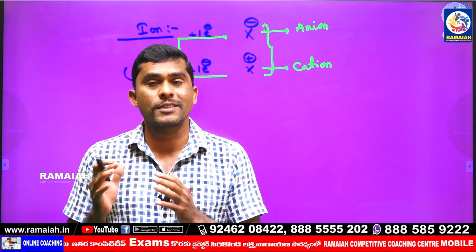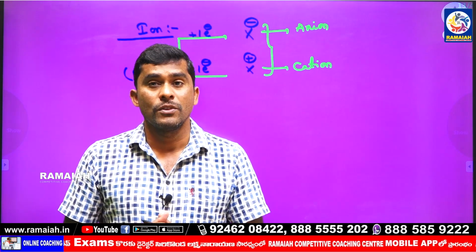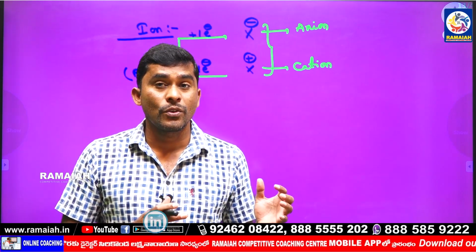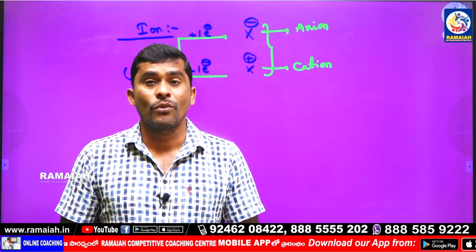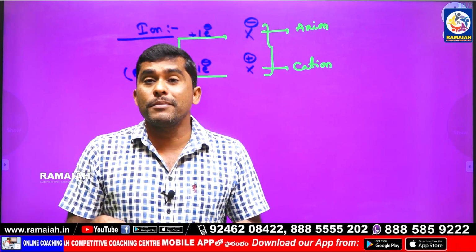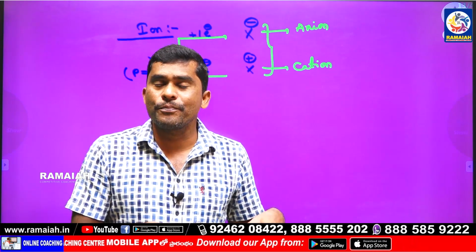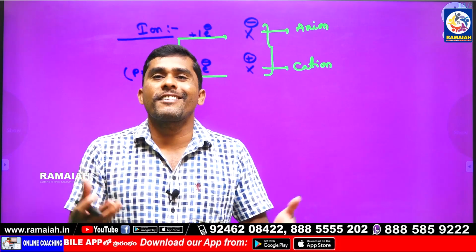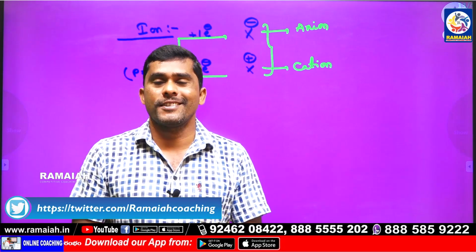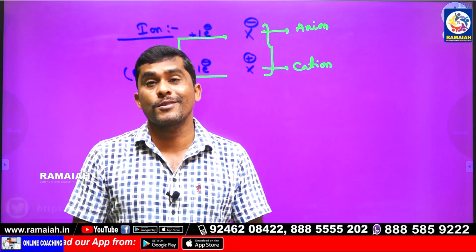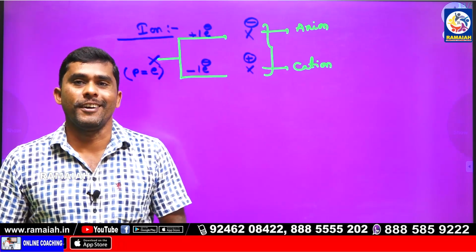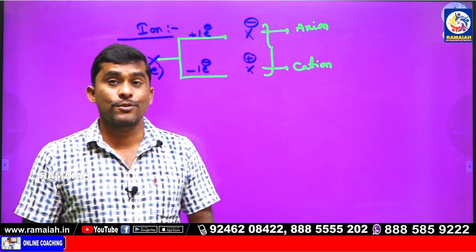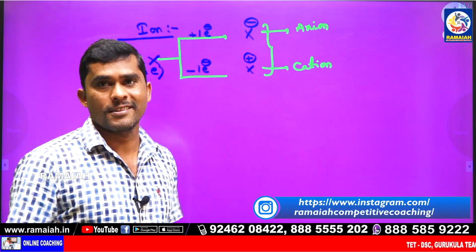This is important. We remember all types of ions here. When we remember these ions, we can easily write the formulas of the compounds. So first of all, we remember these ions.